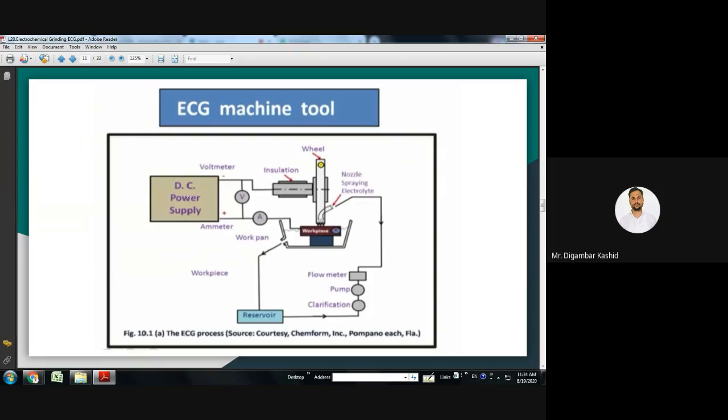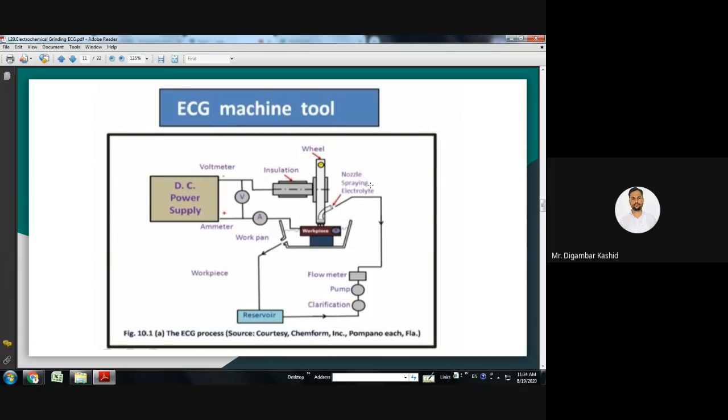Here you can see we have the DC power supply. The negative terminal is connected to the wheel, and the positive terminal is connected to the workpiece. In between that inter-electrode gap we have flowing electrolyte.